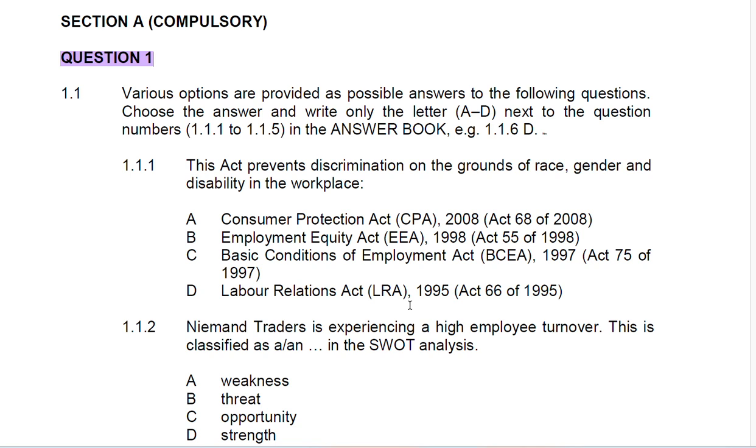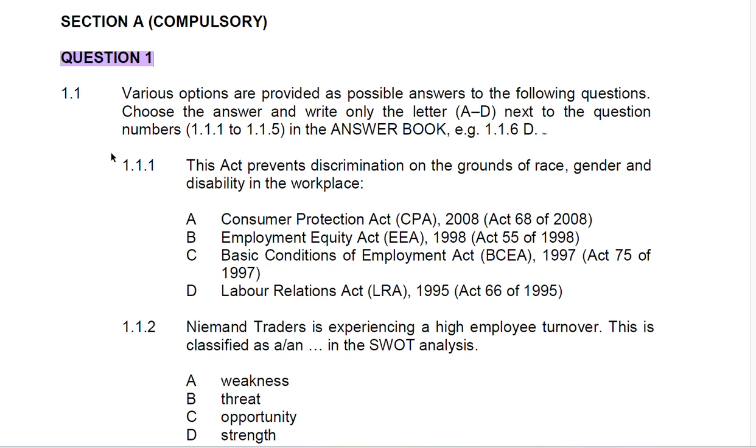Now, as you look at what we have here, you would know that the correct answer is the Employment Equity Act, and it is B. So why are we saying it's B? It's because the Employment Equity Act, or EEA, is an act that prevents discrimination on the grounds of race, gender, and disability in the workplace.